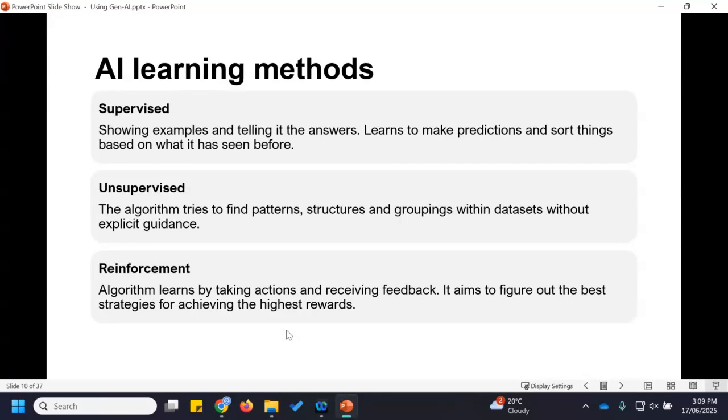It's just learning from those patterns and from those groupings that we've done. And then reinforcement is another method. So the algorithm learns by taking actions and receiving feedback. So if we give it an image and say, what is this? And it comes back dog, we say, no, that's wrong. And so it learns that that's not a dog. And it aims to figure out the best strategies for achieving the highest rewards.